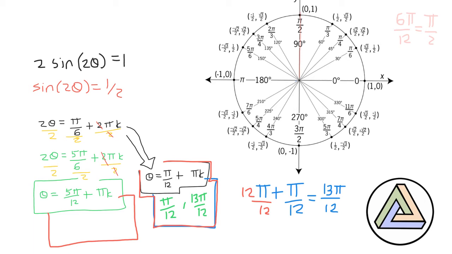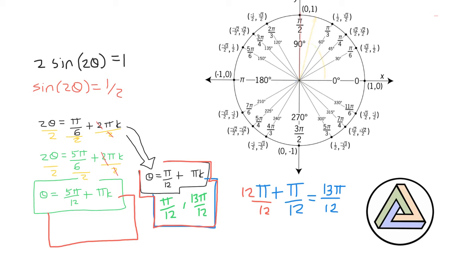We could use that insight because 5 pi over 12 is going to be a little bit less than that. It's not going to be 6 pi over 12, it's only going to be 5 pi over 12. So, seeing as how 6 pi over 12 is right here, then you know pretty much that 5 pi over 12 is going to be right there.